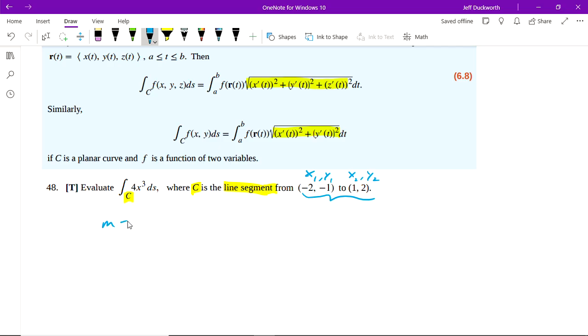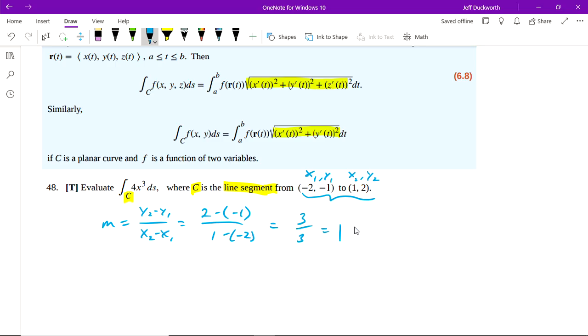First, you find the slope, m, and that's of course y2 minus y1 over x2 minus x1. So we have 2 minus a negative 1 in my y components, and then 1 minus a negative 2 for x. And what do I have? 3 over 3, which is just 1.